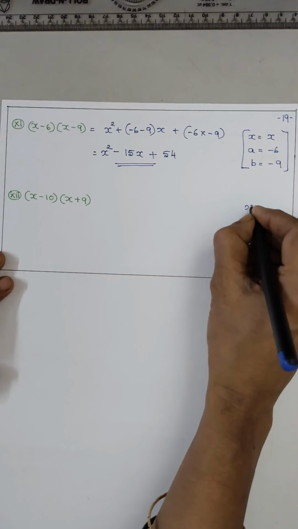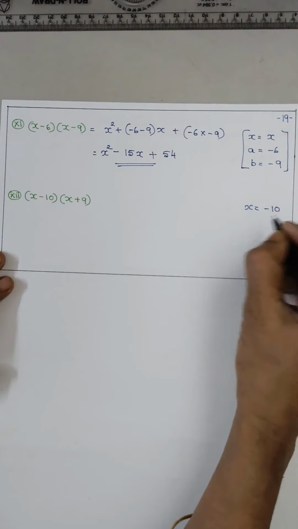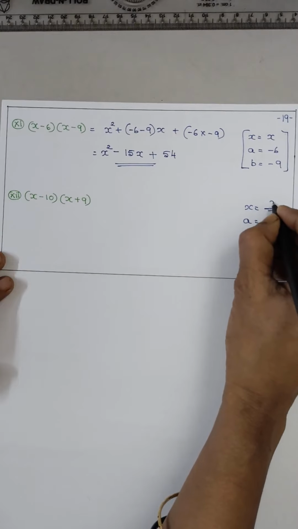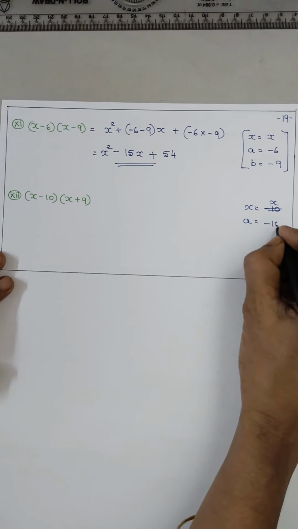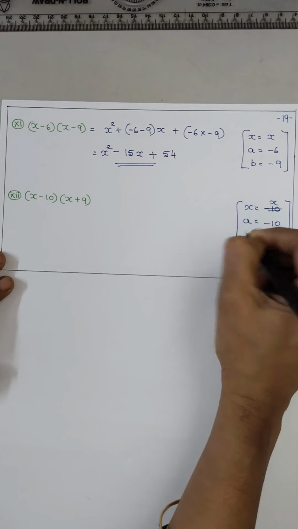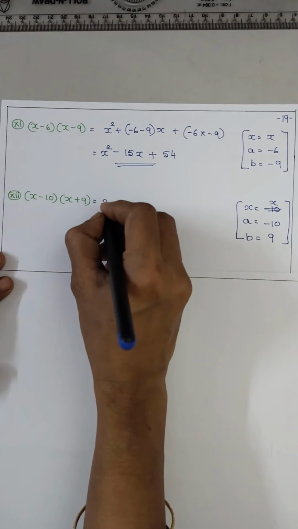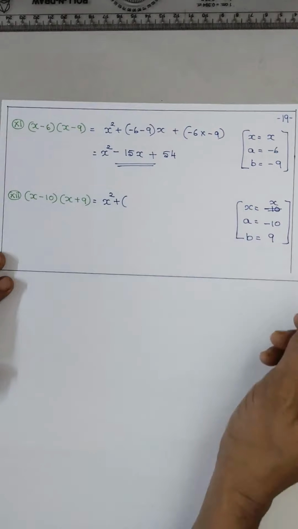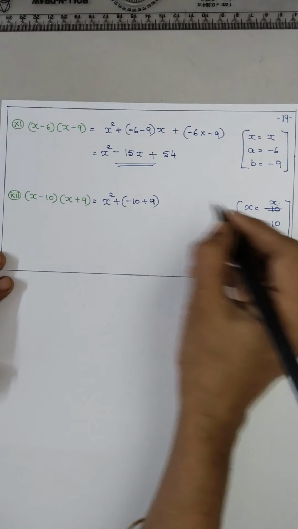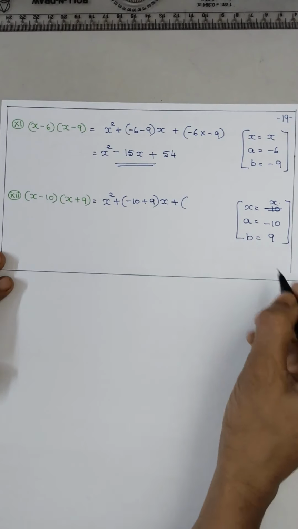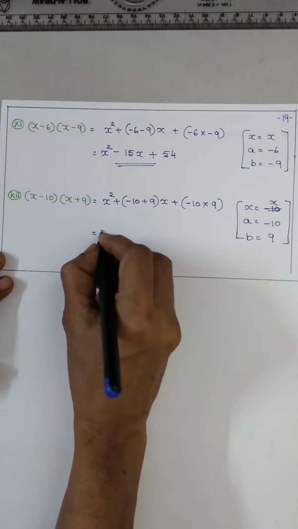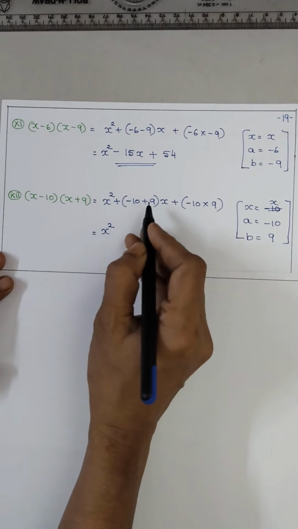12th sum, x minus 10, x plus 9. X is equal to x, a is equal to minus 10, b is equal to 9. X squared as it is, plus a is minus 10 plus b is 9 into x plus a into b, minus 10 into 9.